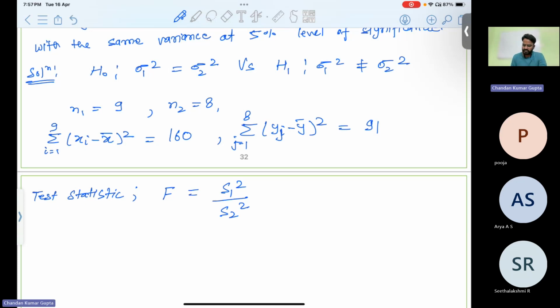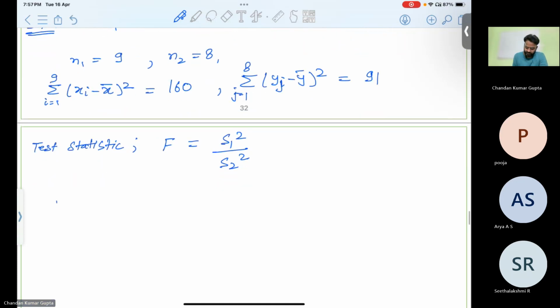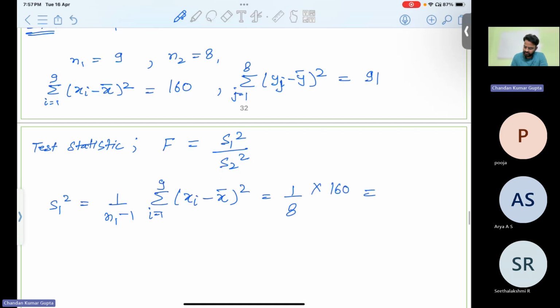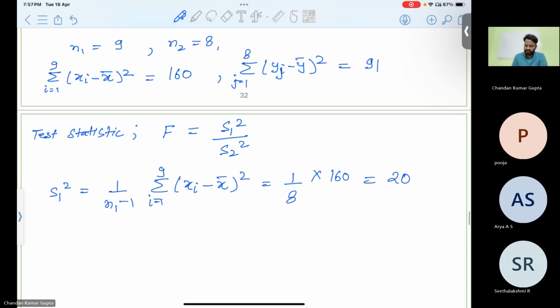So first we need to calculate s1 square and s2 square. s1 square is 1 upon n1 minus 1 times summation of xi minus x bar whole square, so 1 upon 9 minus 1, that is 8, into 160. This comes out to be 20.